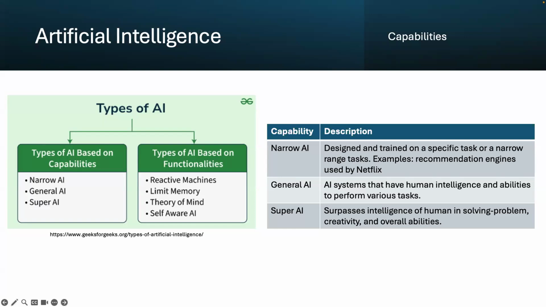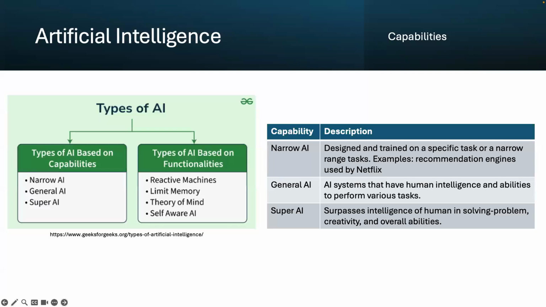For example, the recommendation engines used by Netflix or by the restaurant apps fall in that category. General AI are systems which have human intelligence and are able to perform various tasks. Okay, and super AI would be those that surpass human intelligence.